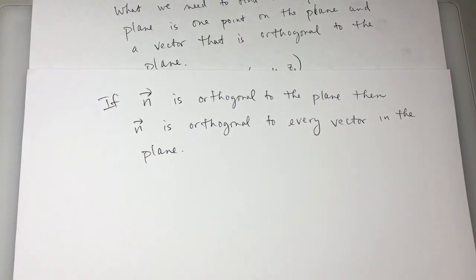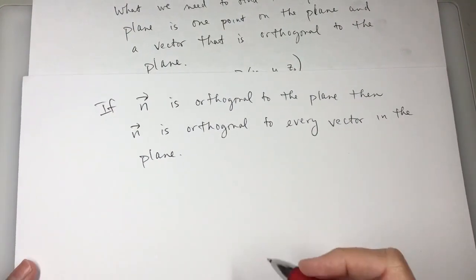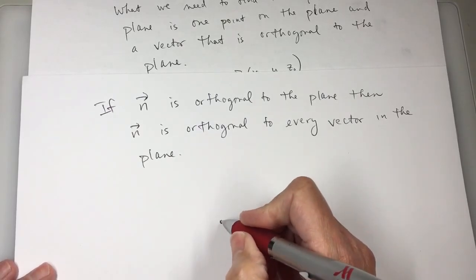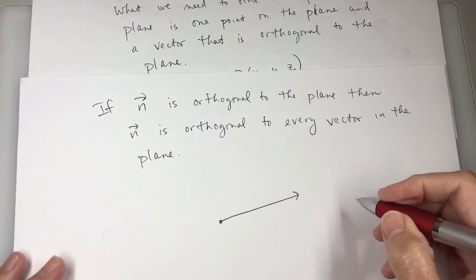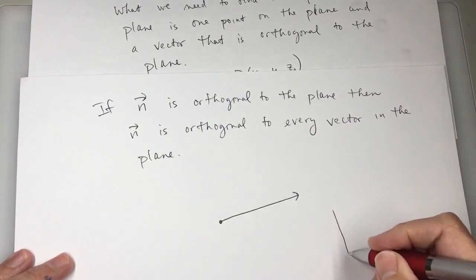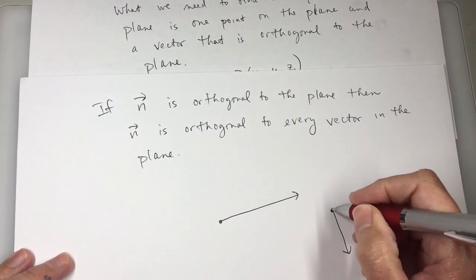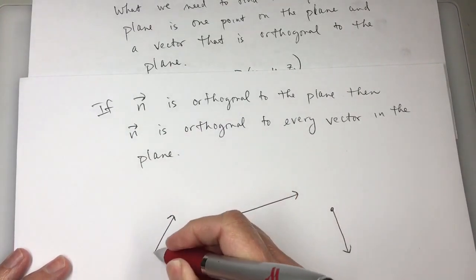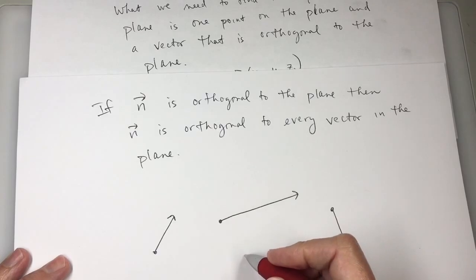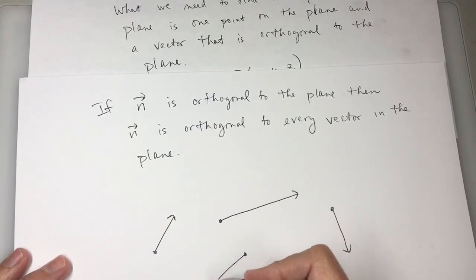If the plane is my sheet of paper, then I'll draw several vectors here that might be in this plane. How many are there? An infinite number. There's a few of them.